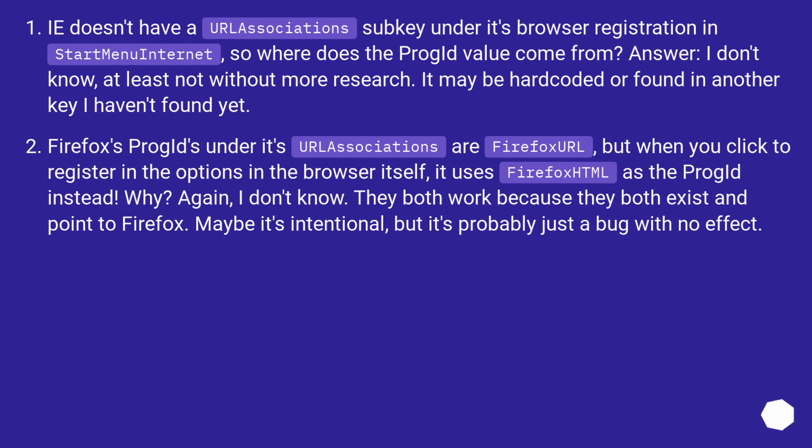It may be hard-coded or found in another key I haven't found yet. Firefox's ProgIDs under its URLAssociations are FirefoxURL, but when you click to register in the options in the browser itself, it uses FirefoxHTML as the ProgID instead. Why? Again, I don't know. They both work because they both exist and point to Firefox. Maybe it's intentional, but it's probably just a bug with no effect.